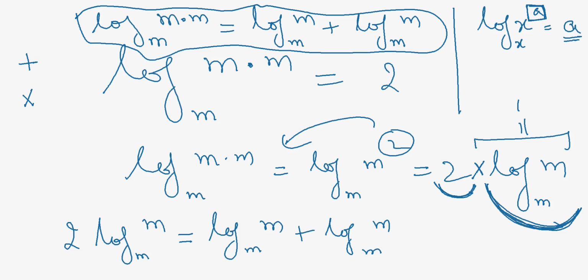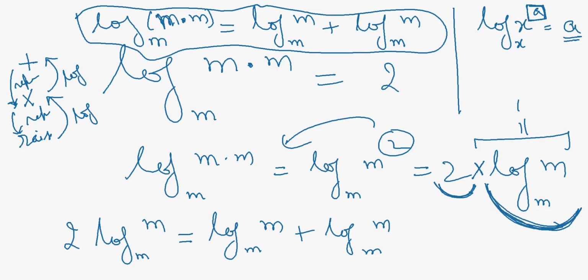Repeated addition is multiplication, and repeated multiplication is raising to a power. So if you take the log, the log will take a raise to the power to a multiplication. If there is a multiplication, the log will make it an addition. Do you see that? Here you see the multiplication: log m multiplied by n. The operand has a multiplication, but that is split into an addition.